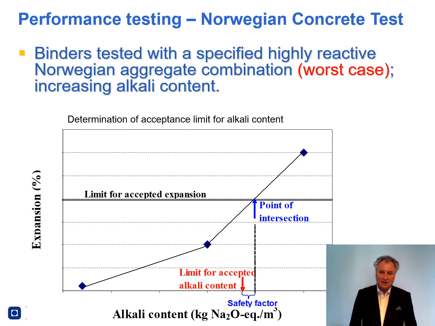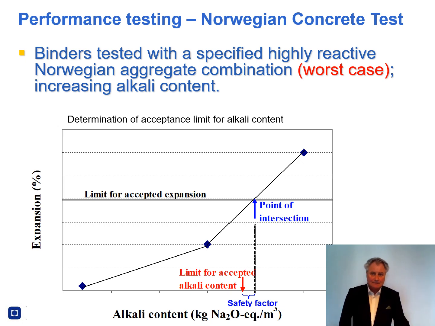So we have one binder with a high alkali level, one with a medium alkali level, and one with a low one. And we are testing back and forth, and we are finding where this expansion is reaching above the limit for accepted expansion.